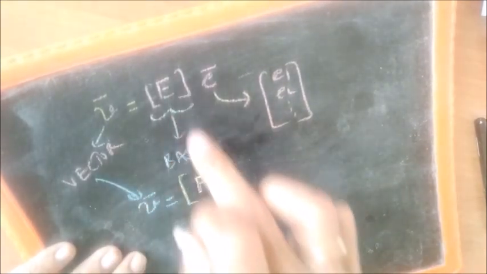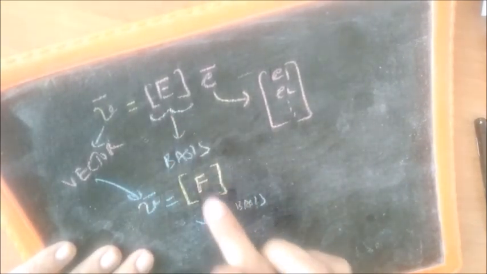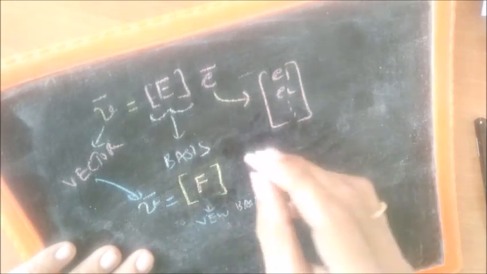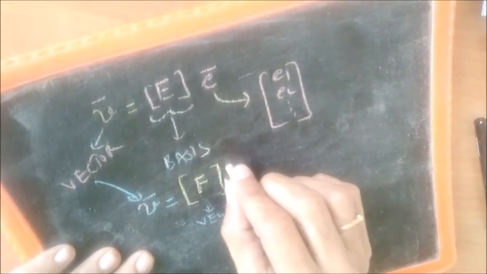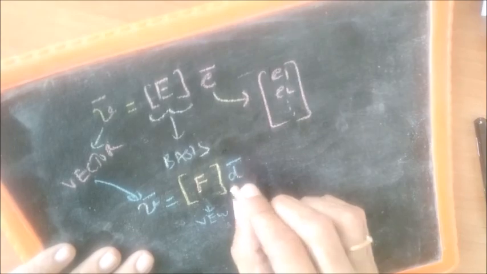The vector has to be this matrix comprising the new basis, into the new set of coordinates, which I will write like this.